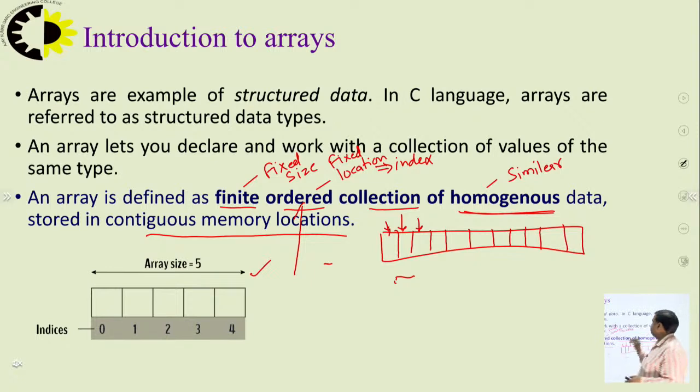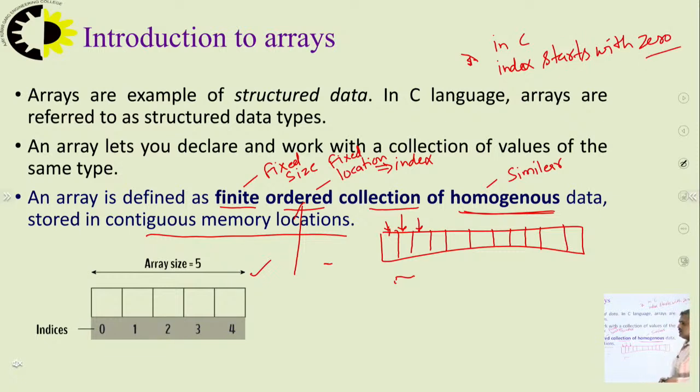In C, index starts with 0. This is also useful, which is why the researchers started the index with 0, because with the help of this index we can find out the address of the next element.